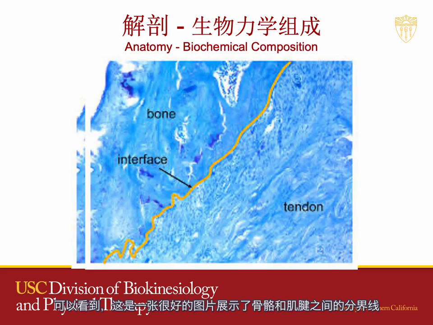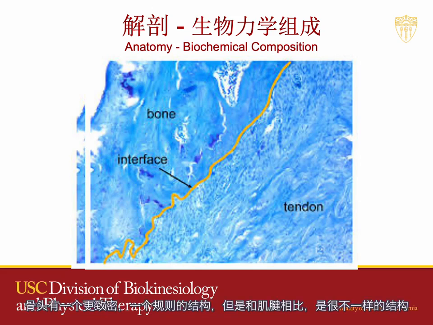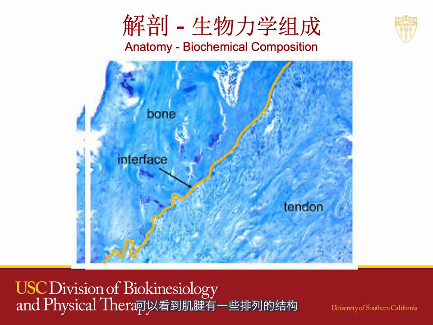Here is a nice picture to show the interface between bone and tendon. You'll see the bone has a much more dense structure, very different looking from the tendon. The tendon has a more lined up structure to it.